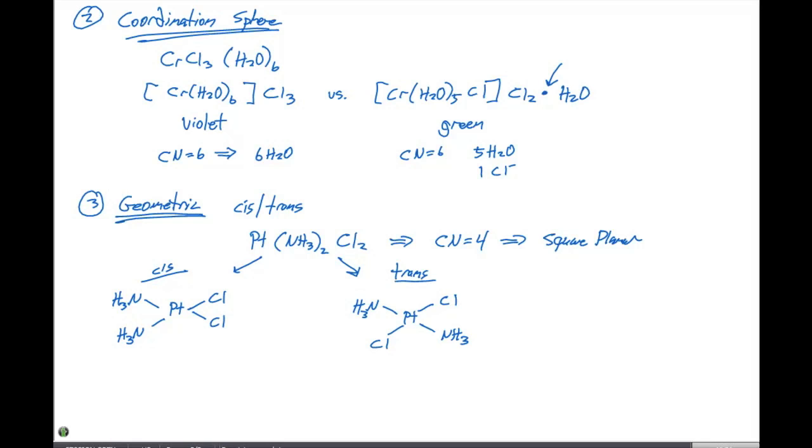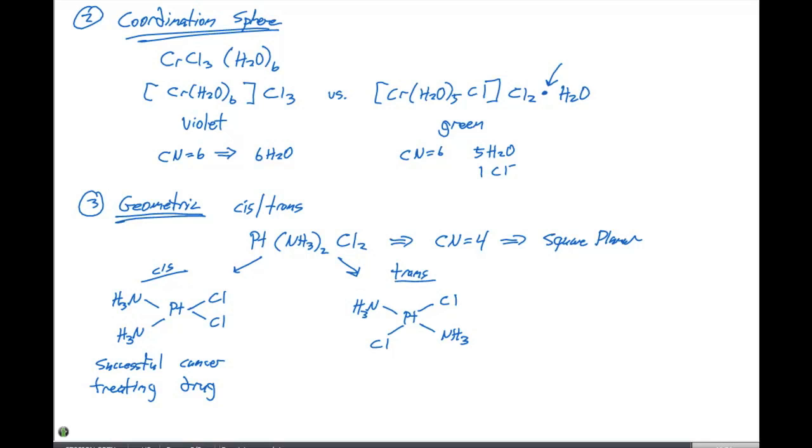If we look at the properties of this particular molecule, we're not going to see any differences in color. But the cis isomer of this compound has been a successful cancer treating drug.